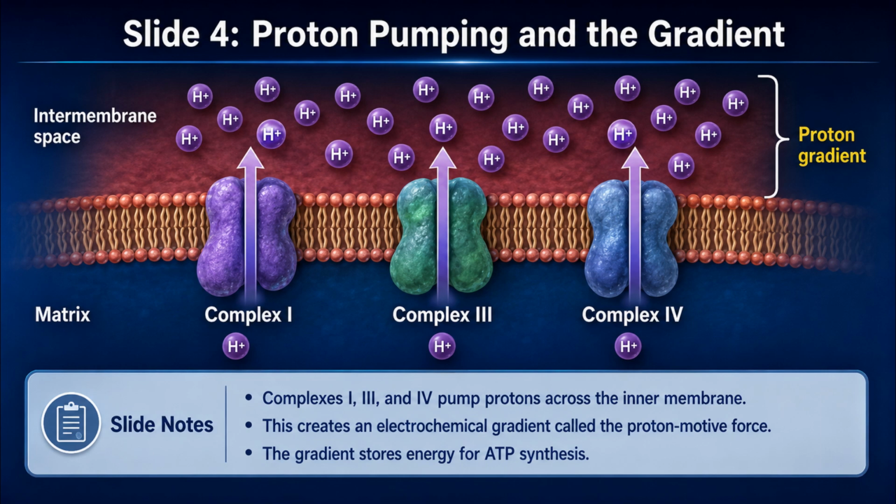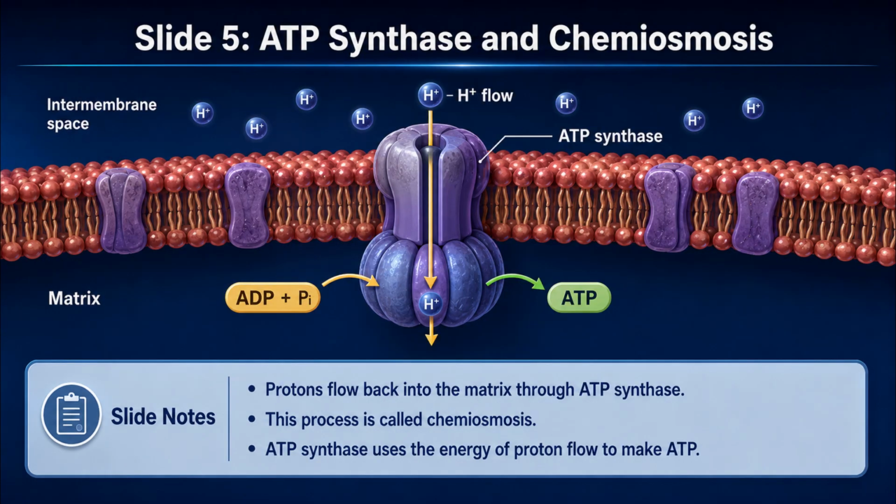The inner mitochondrial membrane is largely impermeable to protons. Therefore, the protons cannot simply diffuse back into the matrix through the membrane. Instead, they return through a specialized protein called ATP synthase. ATP synthase functions like a molecular turbine. As protons flow through the membrane portion of ATP synthase, they cause parts of the enzyme to rotate.